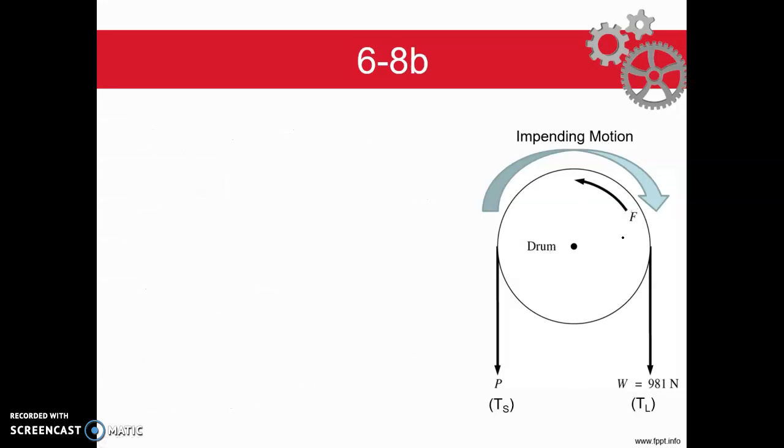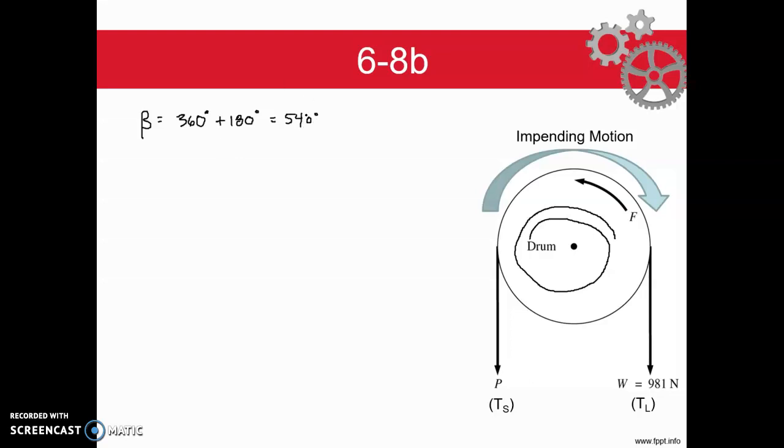So if we look at part B, it says the rope is going to wrap all the way around, one full rotation, and then wrap around a second time. So that means that our beta, our angle of wrap, is going to be 360 degrees plus 180 degrees, which is 540 degrees.